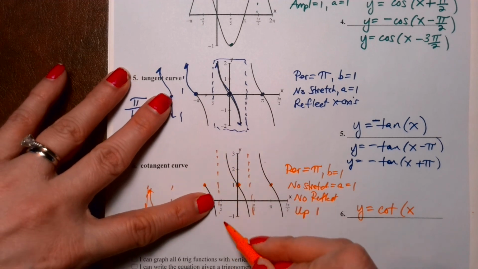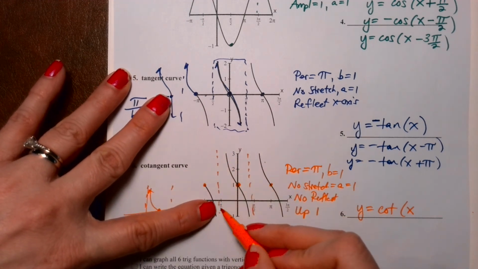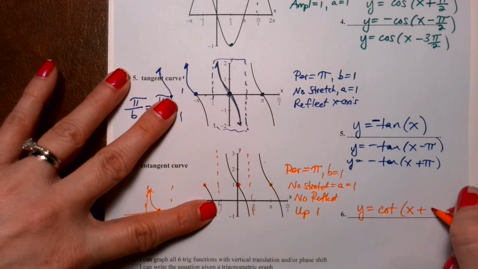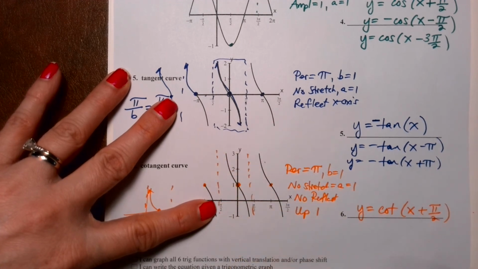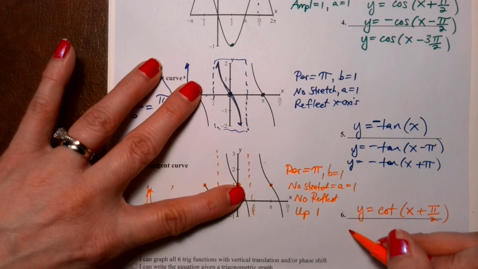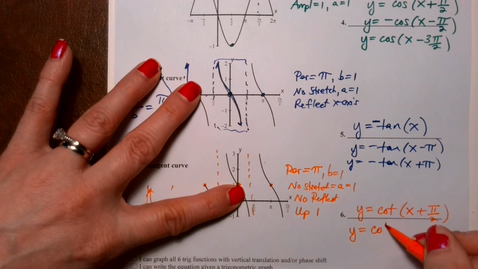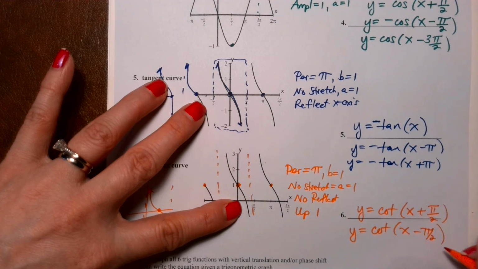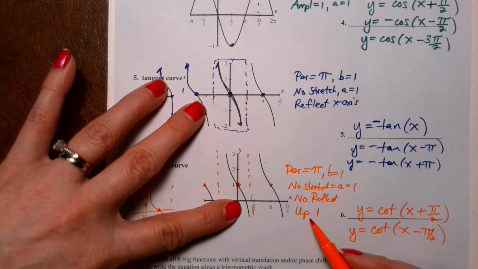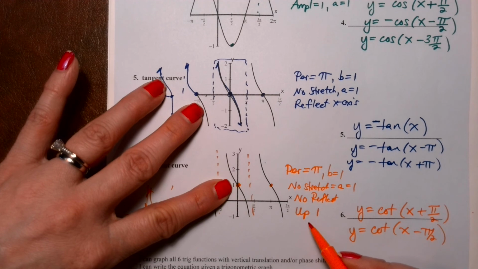Maybe it's over here to the left. If it's to the left, we're going to say plus pi over 2. There's his starting asymptote. Or maybe this is his starting asymptote. Y equals cotangent of x minus pi over 2. Oh, but wait a minute. What about the shift up 1?